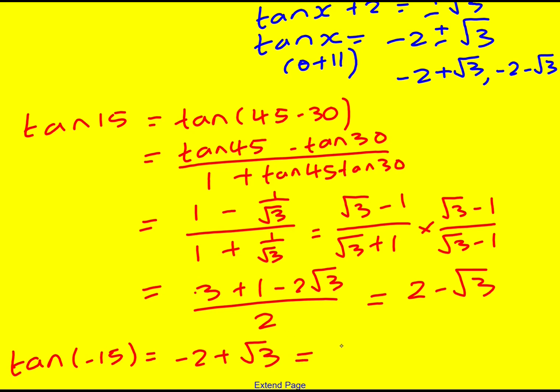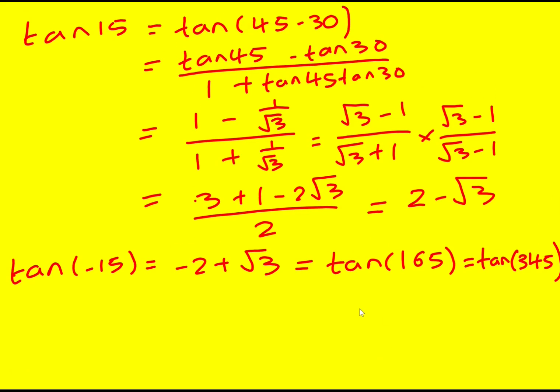I don't want a negative, but if I add on 180, then I'm going to get 165. If I add on 180 again, I'm going to get tan of 345. So that's it. X can equal 165 or 345.